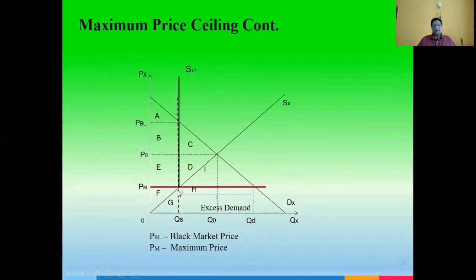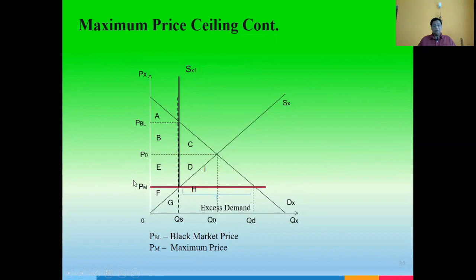As a result, now there is an excess demand for the product. When there is excess demand in the market, sellers can sell the commodity at higher prices than the maximum price. It is called black market price.